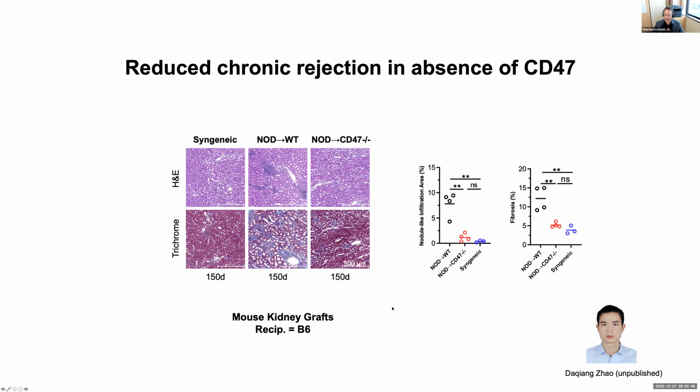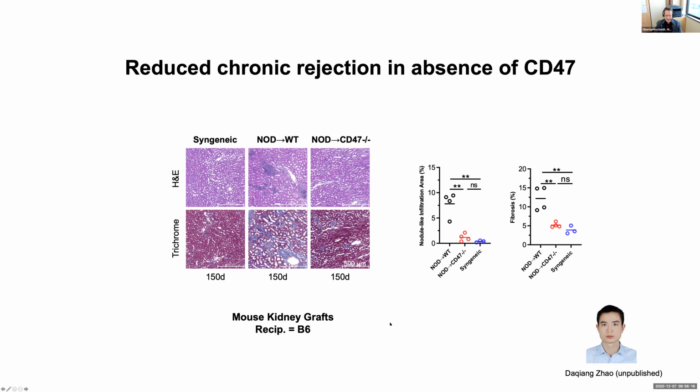I don't know where I lost you, but I was mentioning that the infiltration area in the CD47 knockout recipients were similar to the syngeneic transplants, as well as the area of fibrosed tissue in the CD47 knockout recipients compared to the syngeneic grafts.